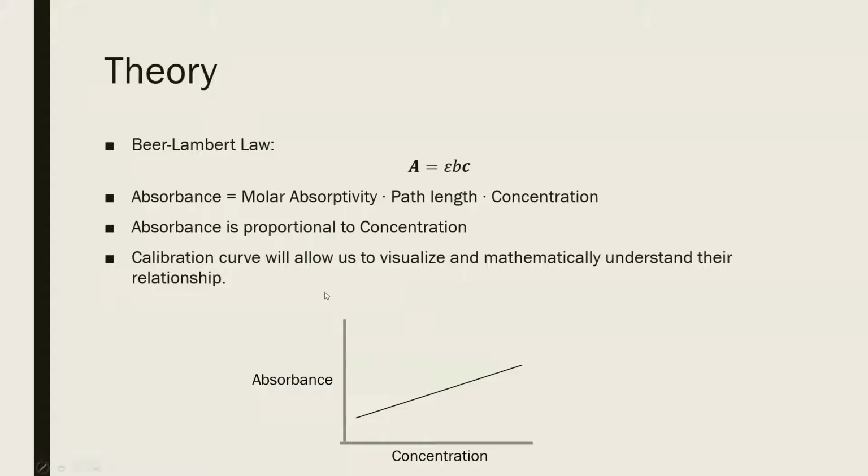So by the end of this lab, you'll have a really nice calibration curve, with absorbance plotted against concentration, and you'll have a really cool linear relationship. The more phosphate you add, the higher the absorbance. So if you're doing this lab and you see that you have a negative slope, you hit a hurdle somewhere and you have to go back and fix that.